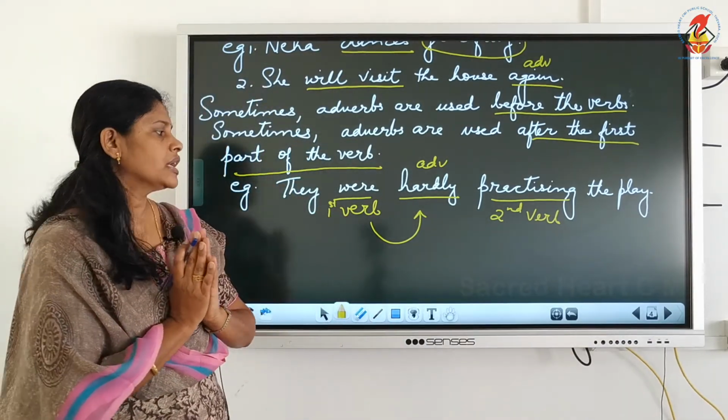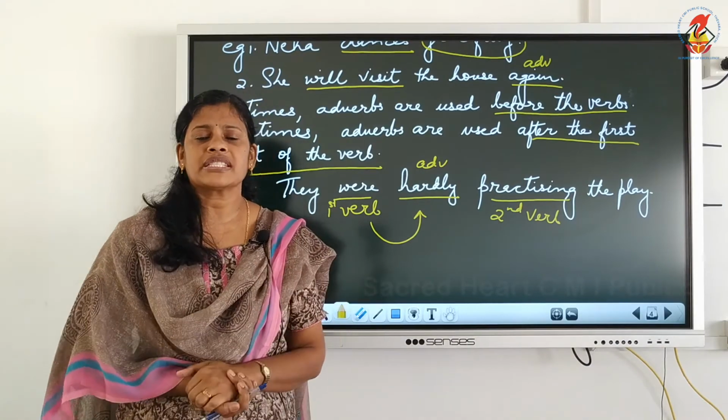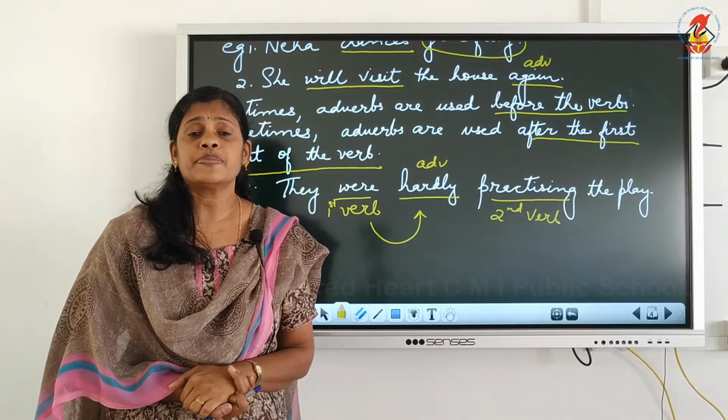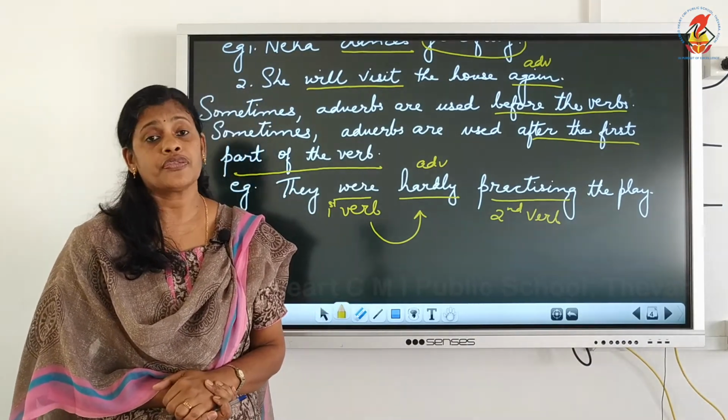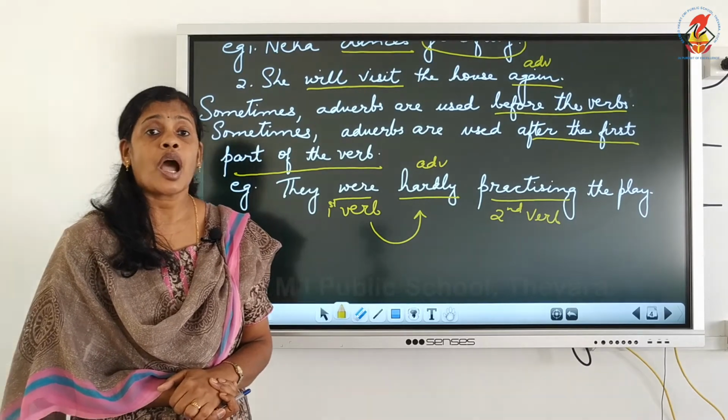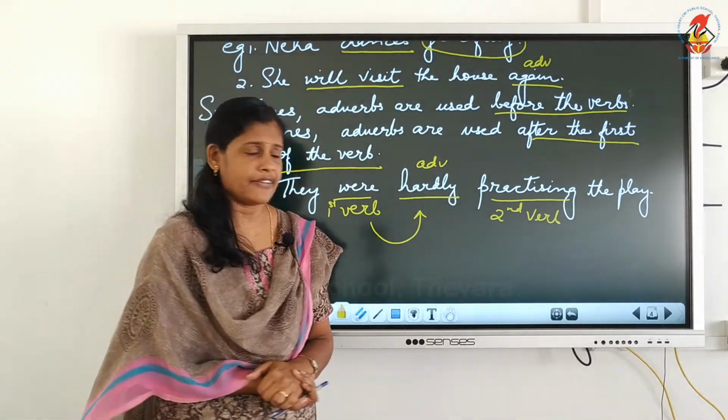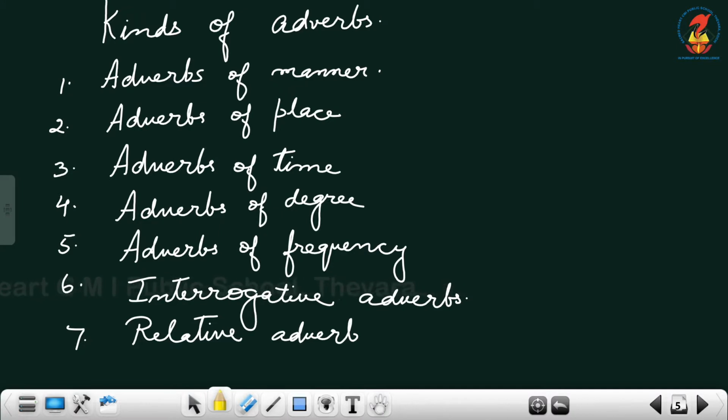Is it clear, children? Now, like we discussed adjectives, adverbs are also of different types, different kinds. Let's see how many types of adverbs we have. There are basically 7 kinds of adverbs.